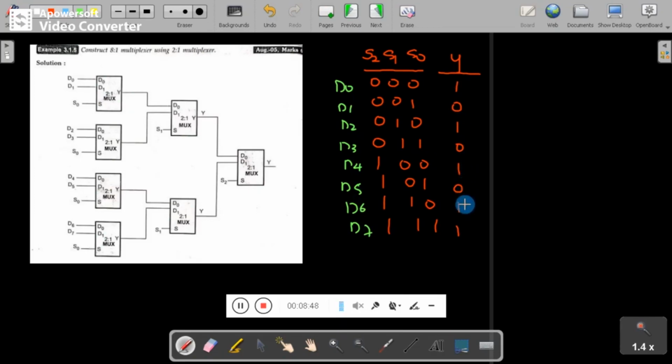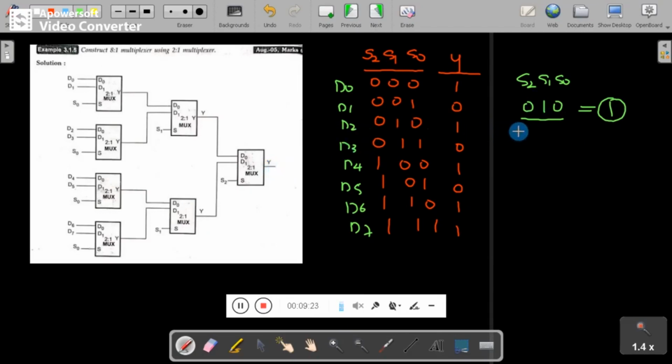So now let us take the control line value as 0, 1, 0. 0, 1, 0 means S2 is 0, S1 is 1, S0 is 0, and the corresponding input value for this combination is 1. That means when the control line is 0, 1, 0, the 1 is moved out to the output.